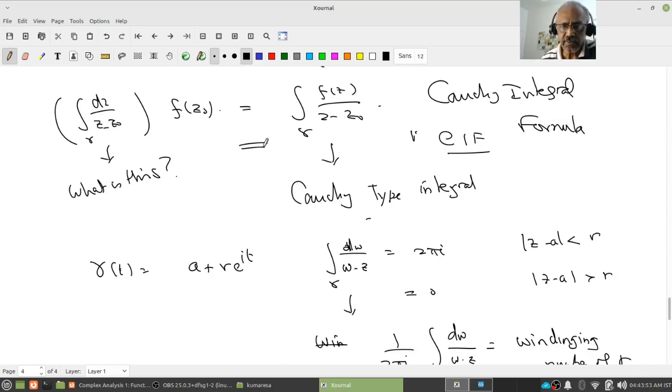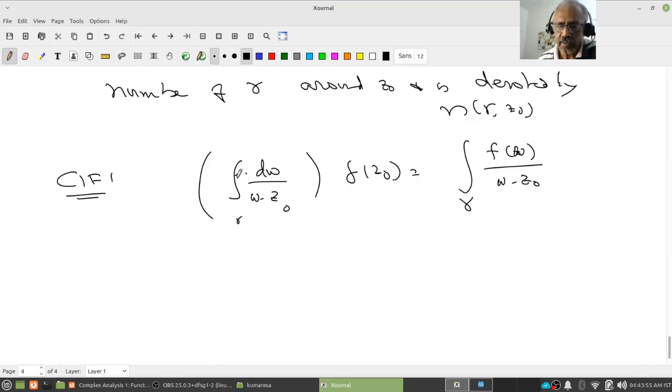Go through this. This is what we did, the Cauchy integral formula. And what is this? This is 2 pi i times n gamma z0 into f of z0 equal to this.